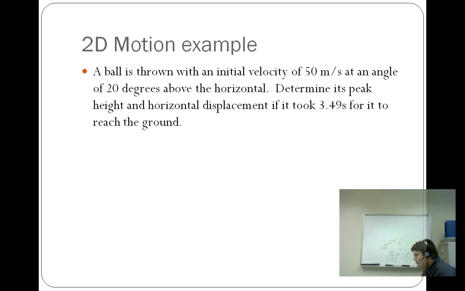All right, now for the horizontal. I'm going to erase this now, so if you need it, pause. For the horizontal, I know the VI in this case is going to be 50 times the cosine of 20, because now I'm traveling adjacent to that angle.